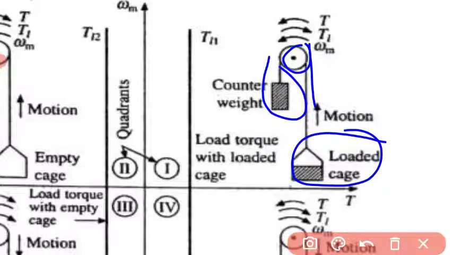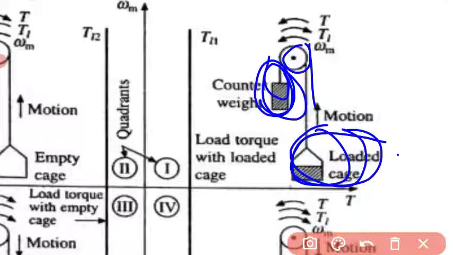I repeat, the weight of the counterweight is chosen to be higher than the weight of an empty cage, but lower than a fully loaded cage. The counterweight will be more as compared to the empty cage.